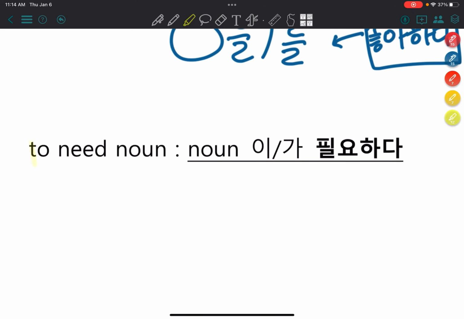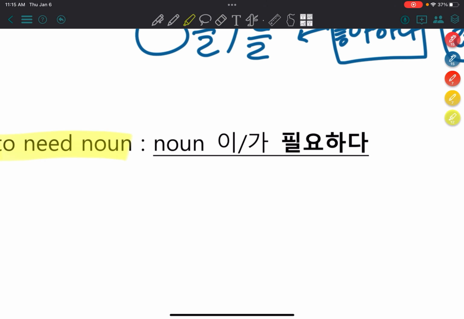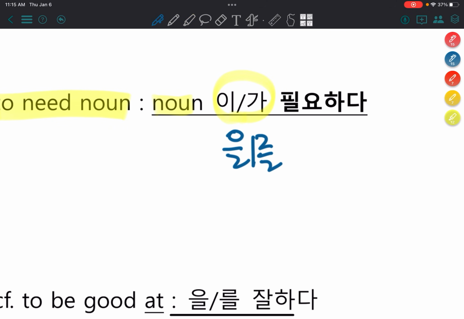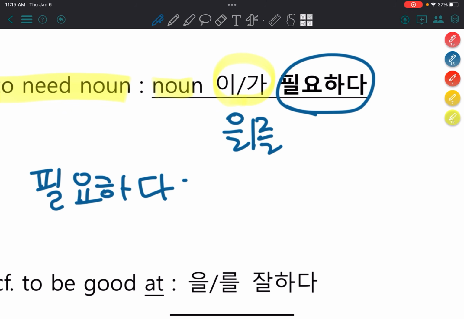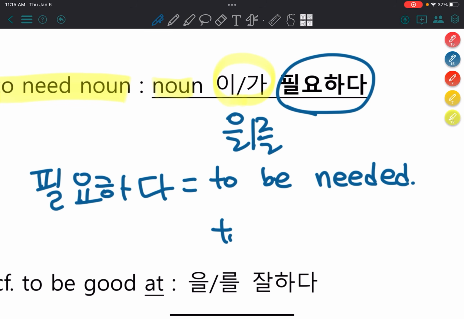And also when we say to need something, we say noun 이/가 필요하다, not 을/를 필요하다. And there's actually a sensible reason for this, because the exact translation of 필요하다 would be to be needed, not to need.